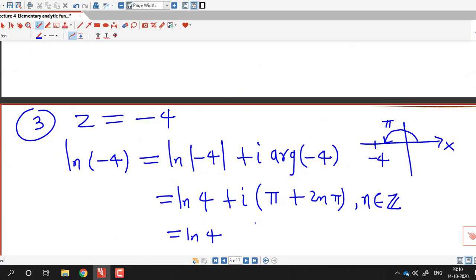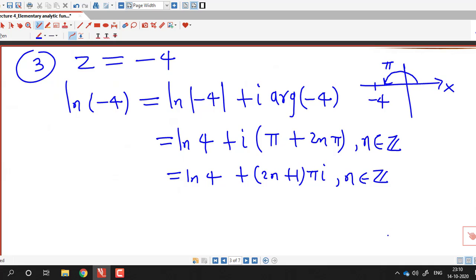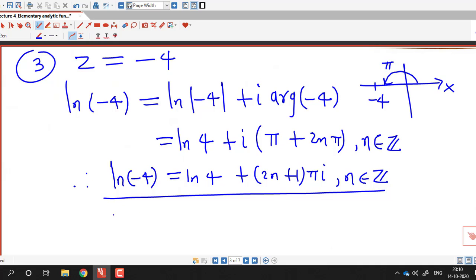This is ln 4, log of 4 as a real number, and this we can write as 2n plus 1 pi i, and n belongs to Z. If you wish, you can use a scientific calculator to find ln 4 and put its value. Here I am leaving it as it is. So this is the general logarithm of minus 4.